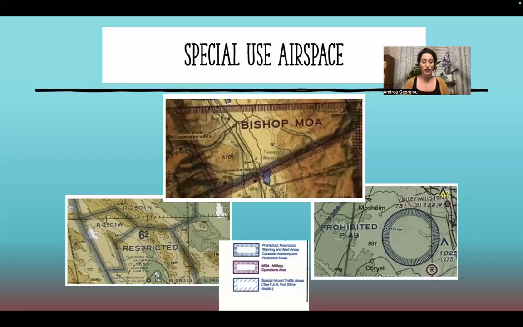Next one is alert areas. Chapter 3-4-6 says they're depicted on aeronautical charts to inform non-participating pilots of areas that may contain a high volume of pilot training or an unusual type of aerial activity. So think of like MTSU, we have a large flight school.